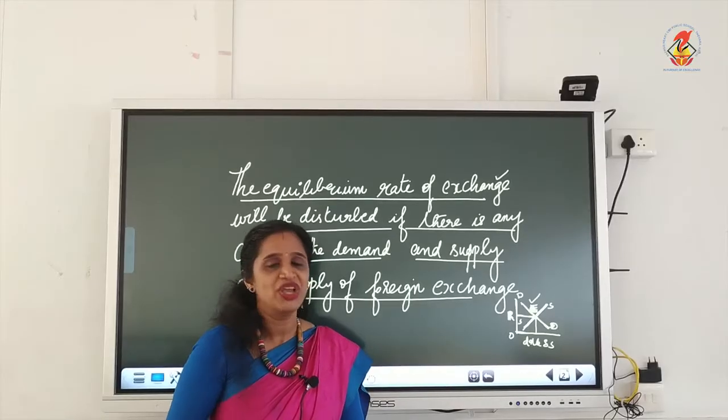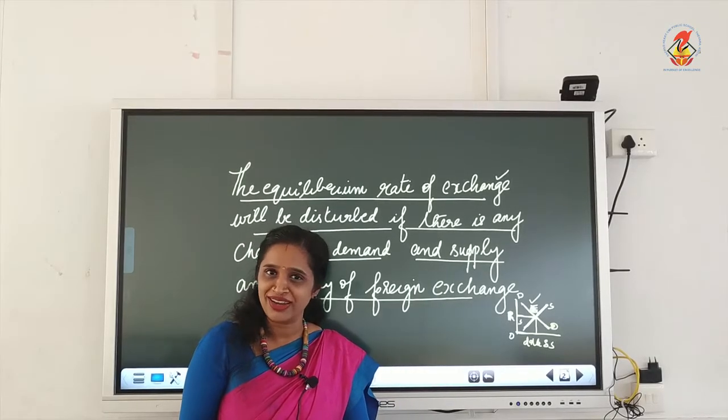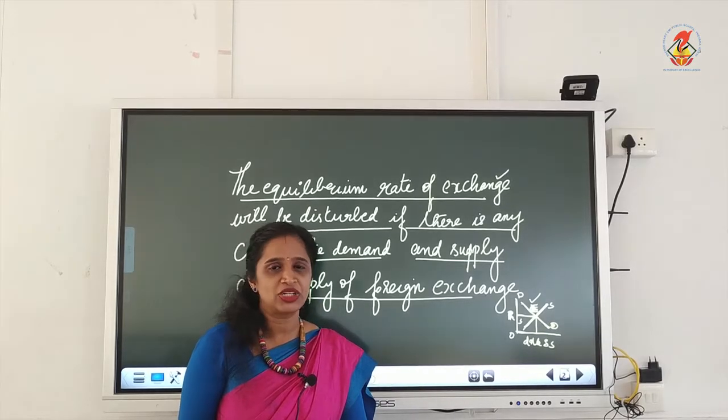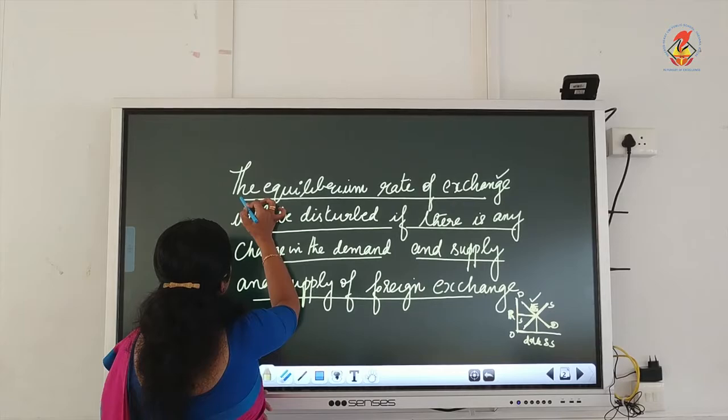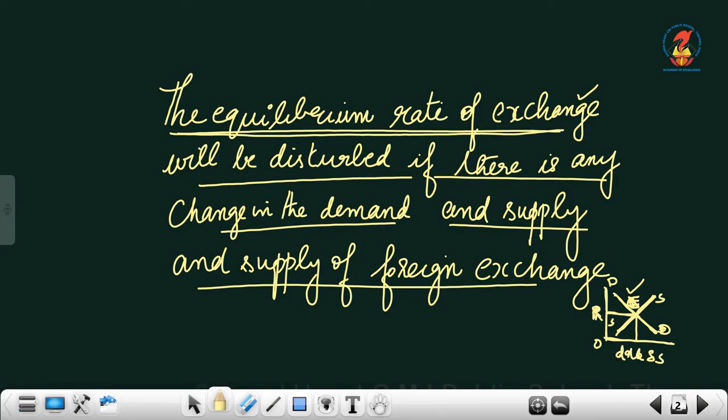It can change whenever there is a change in the demand and supply. That is the topic which we are going to learn today. Now I can read the sentence for you. The equilibrium rate of exchange will be disturbed.